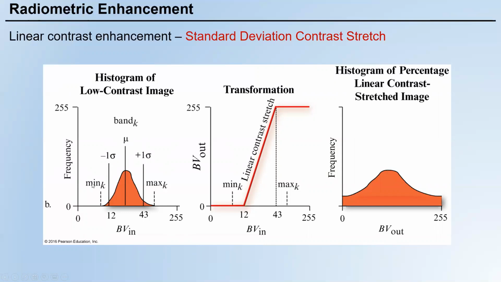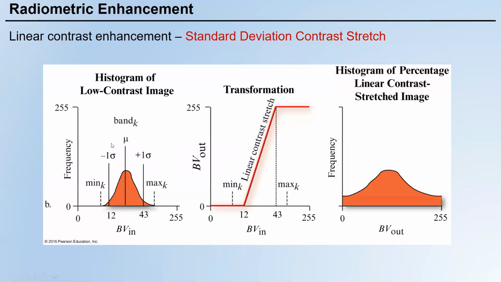We also have the minimum and maximum value for your image. But here, I'm not going to use the mean value and the max value to do the stretch. We use what? We use mu minus 1 and mu plus 1 standard deviation, these two measures, to do the stretch.